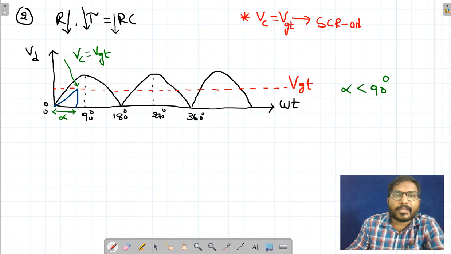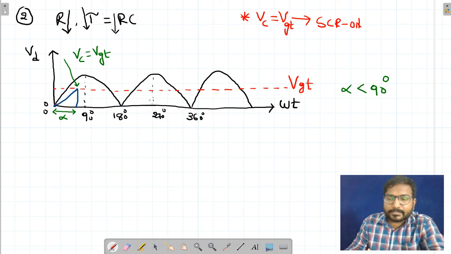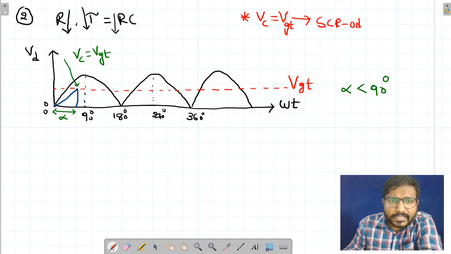The same procedure repeats here. In the next pulse, the initial voltage of the capacitor is 0. Let us suppose it starts from 0 again, but the charging time is less. It can reach VGT in a less time while it is charging.